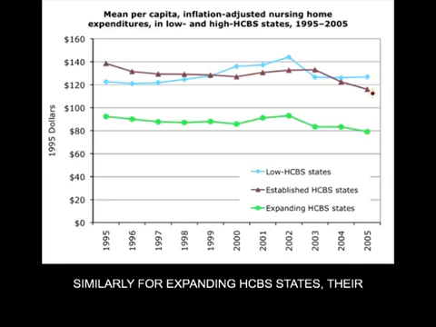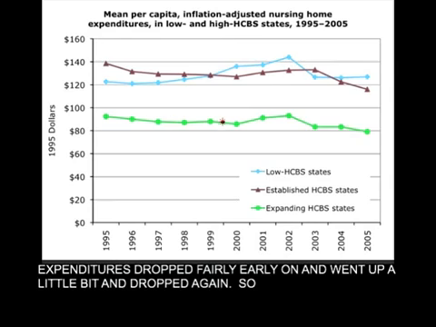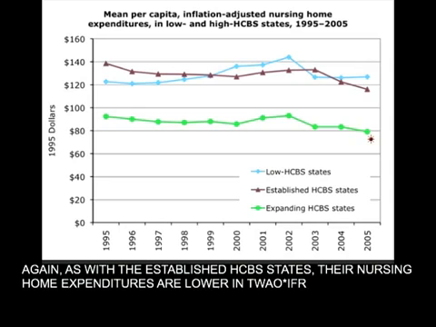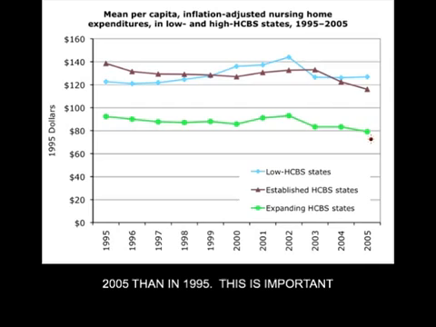Similarly, for expanding HCBS states, their expenditures started dropping fairly early on, went up a little bit, and then dropped again. So again, as with the established HCBS states, their nursing home expenditures are lower in 2005 than they were in 1995.